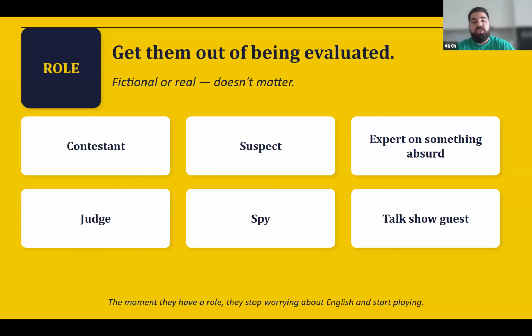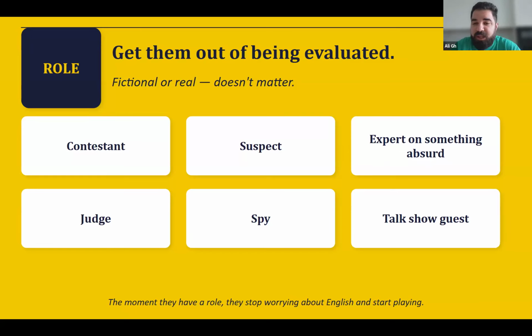A role gives the students a different role and personality, or a mask, you would say, that would help them become someone else. So even if they make a mistake, even if they lose, it's not them that lost, it's the mask that lost.